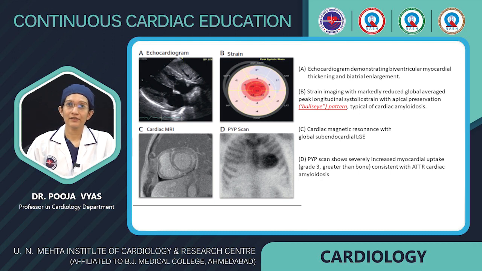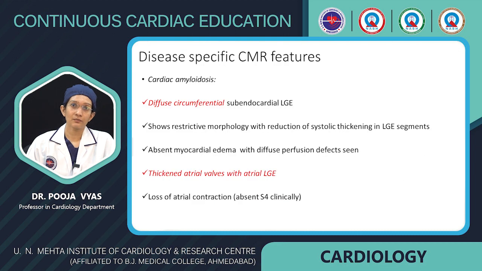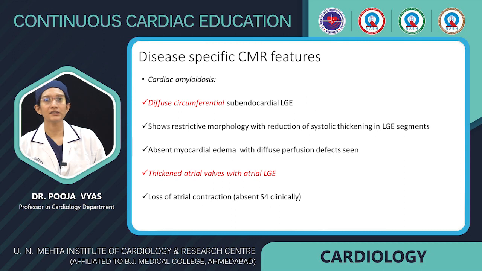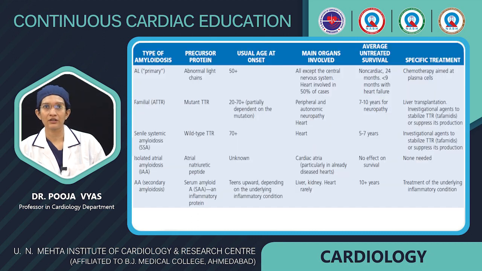So disease-specific cardiac MR features of cardiac amyloidosis are diffuse circumferential subendocardial late gadolinium enhancement. There will be restrictive morphology with a reduction in systolic thickening in these LGE areas, no myocardial edema, and thickened atrial walls with atrial late gadolinium enhancement, and there will be loss of atrial contraction.